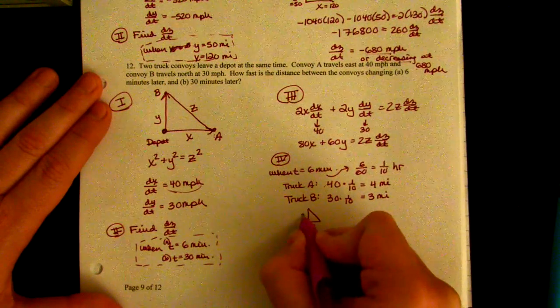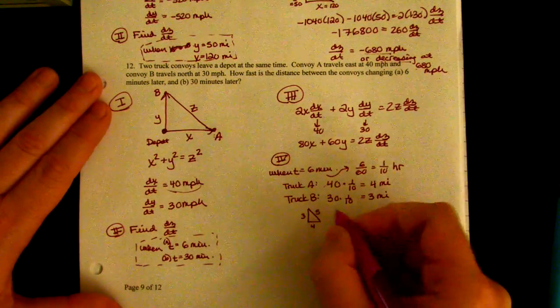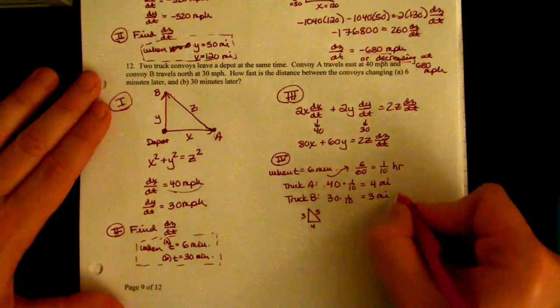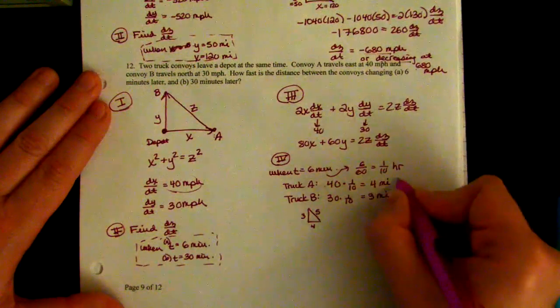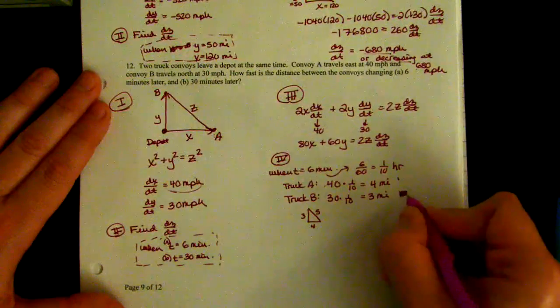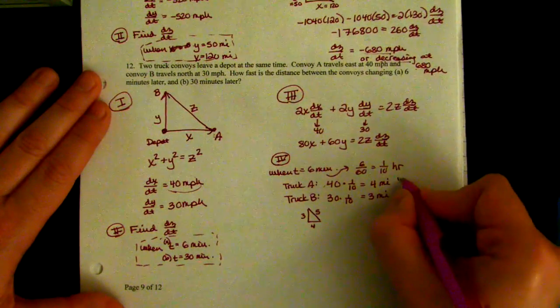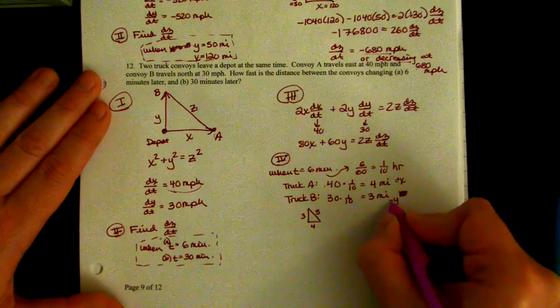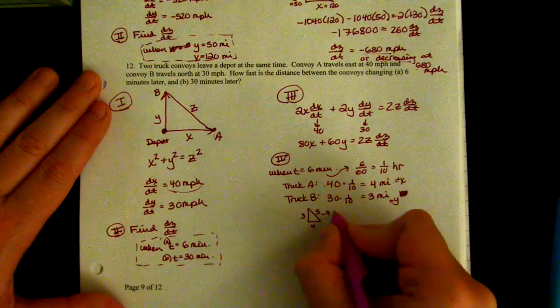So 4, 3, oh, this is easy. 3, 4, 5 right triangle. My x is 3, wait, hold on, that's not right. My x is 4, my y is 3, my z is 5.